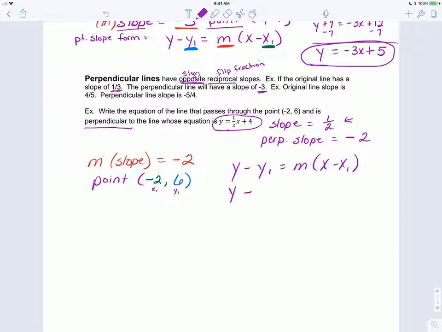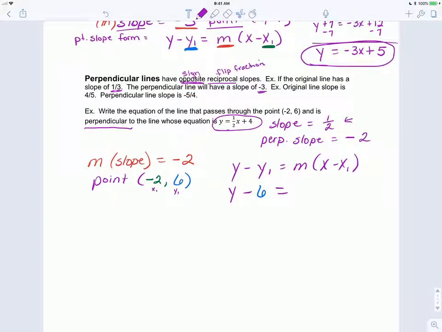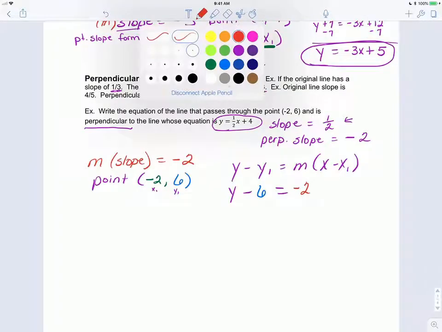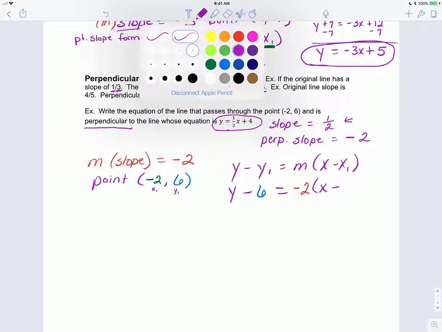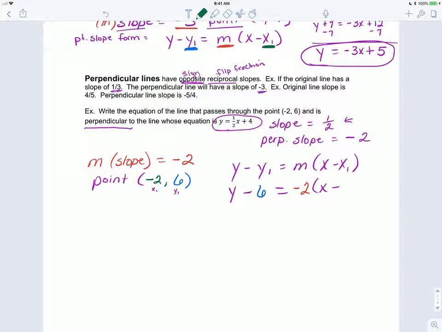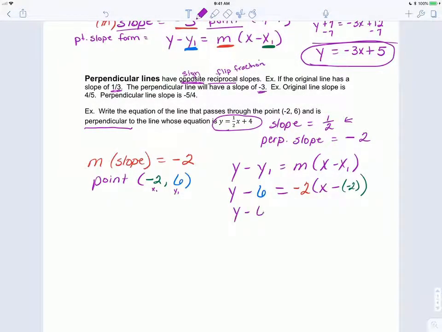So y minus our y1, which is 6, is equal to our slope, which is -2, times x minus x1, which is -2 also. Okay, we're going to solve for it. y minus 6 is equal to, distributing this, -2x.